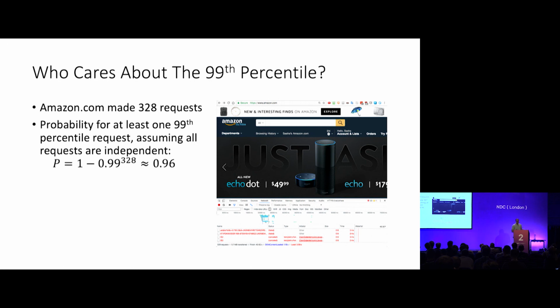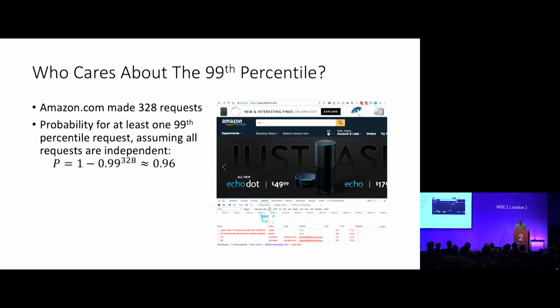What is the likelihood that you would see the 99th percentile? It is actually 96%. So if you make a lot of requests, you will hit the 99th percentile pretty often. And so if you have operations in your system that the users are performing again and again, if you have certain behaviors that cause lots of requests, then you should care about the 99th and 99.9th percentile because they're not as unlikely as we think, just looking at the dashboards behind the scenes.